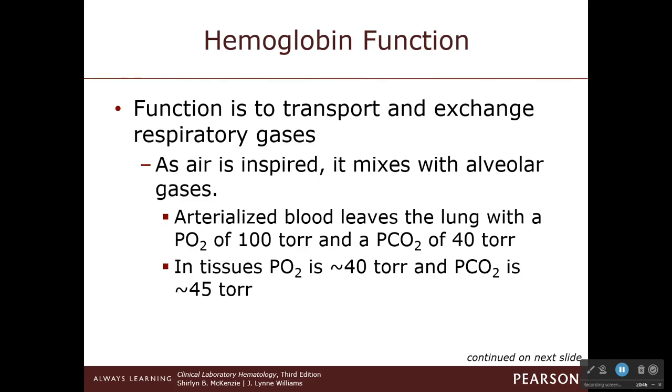The problem is when hemoglobin, and let's go ahead and talk about that. Let's talk about two forms of hemoglobin. I think it's on the next one, but we're going to talk about it now. Oxyhemoglobin and deoxyhemoglobin.